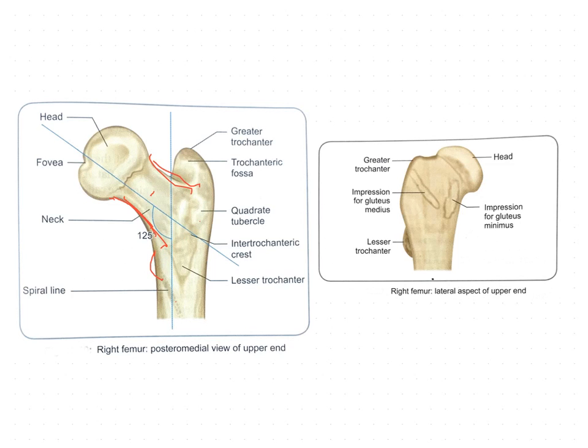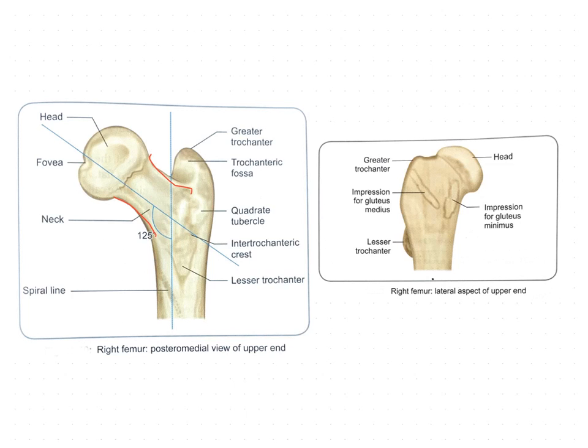Okay, now this neck joins the head to the shaft, and it is forming an angle of 125 degrees. So this wide angle is known as the angle of inclination.